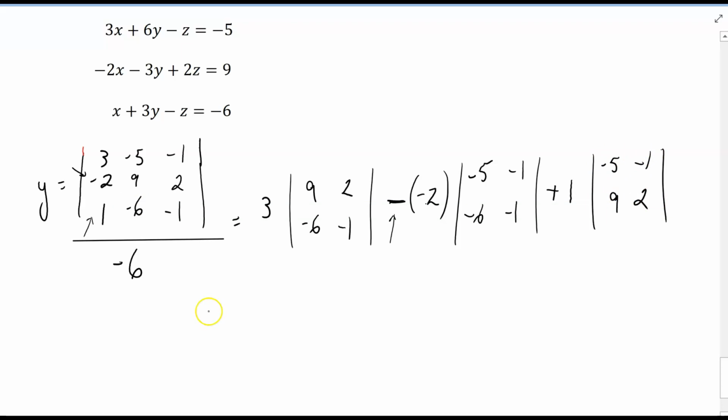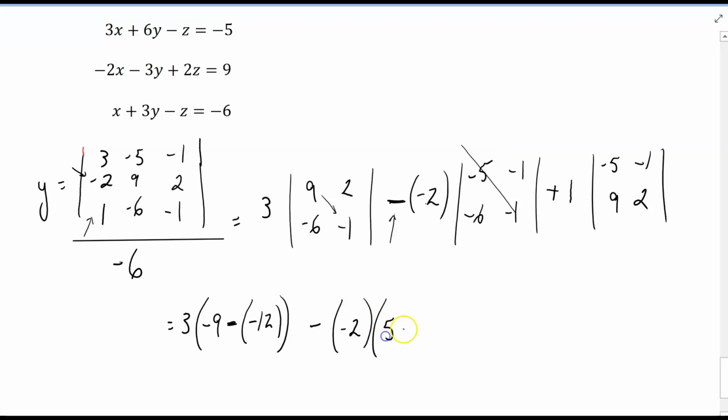Okay, so we have to multiply 3 by, well, 9 times minus 1, this principal diagonal, is minus 9, subtract negative 12. Subtract negative 2 multiplied by minus 5 times minus 1 right here. It's 5.